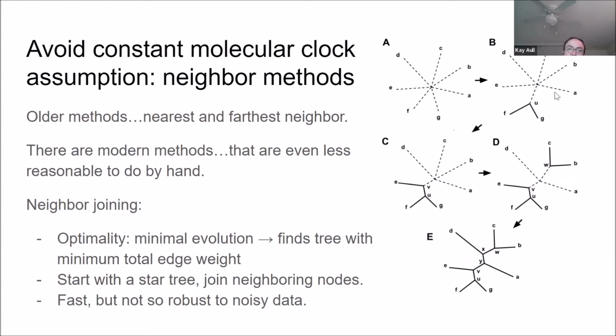This was a very popular method in the earlier days of computers because it is fast and computationally efficient. It's not so robust to noisy data. It has a tendency to give you negative edge weights if your data is not perfect. And so there are newer methods. This is where you get these kind of star diagrams from, and it is trying to minimize the total edge weight. And that's really all you need to know about that one.